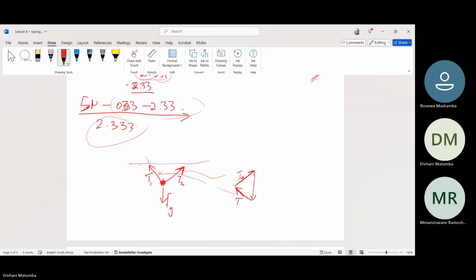So you can only do this if your forces are in equilibrium. If there is no net force, if there is no acceleration of the system in any direction, then you can use the triangle method. Otherwise, you can use Newton's law whenever. The other thing to take note of is that this method works only when there are three forces. That's another condition.